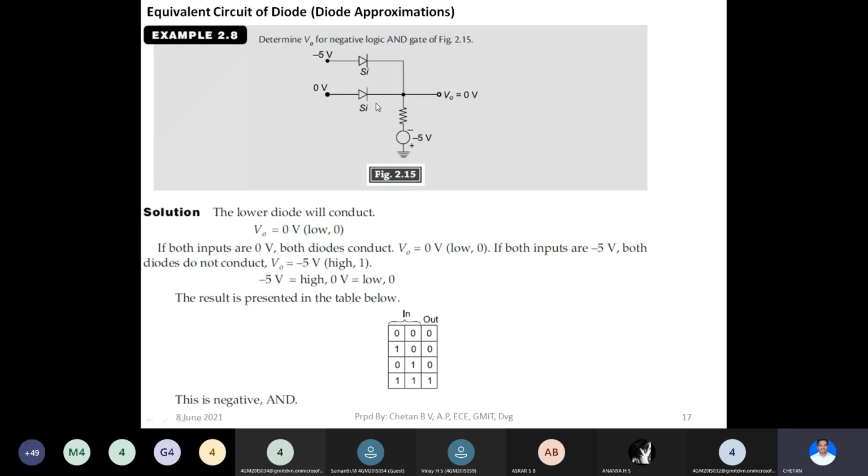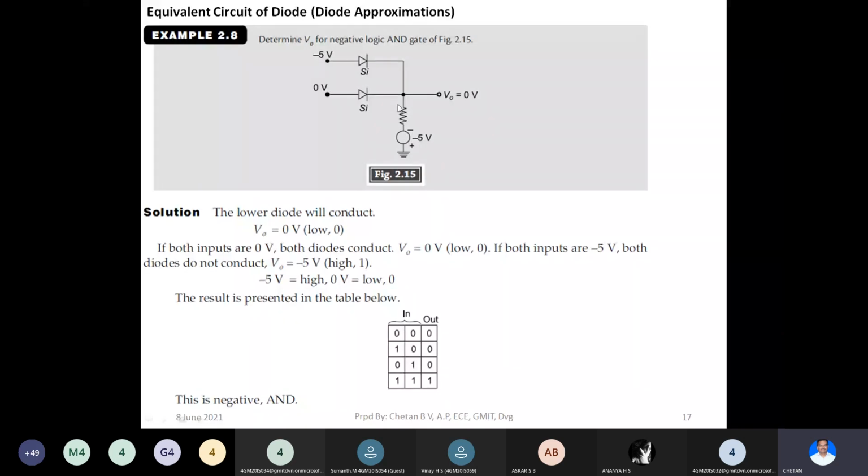Now consider only the second diode's branch. Here you have connected 0 volt at the anode. Now consider the cathode. The cathode is connected to the negative terminal of this battery. This is a DC source again, indicated by a small circle, and the negative terminal is connected to this cathode.